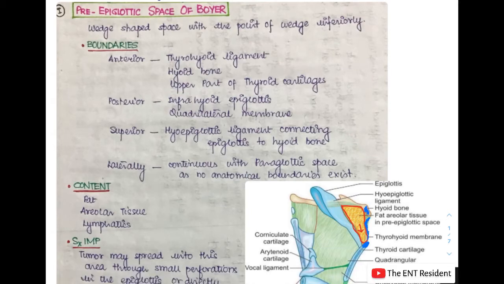So you can see from above downwards, these three structures are forming the anterior boundary of this space. Posteriorly, it is formed mostly by the infrahyoid epiglottis. Infrahyoid epiglottis consists of that part which lies below the attachment of the hyoepiglottic ligament. So this whole part is the infrahyoid epiglottis, and also the quadrilateral membrane over here is helping in forming the posterior boundary.